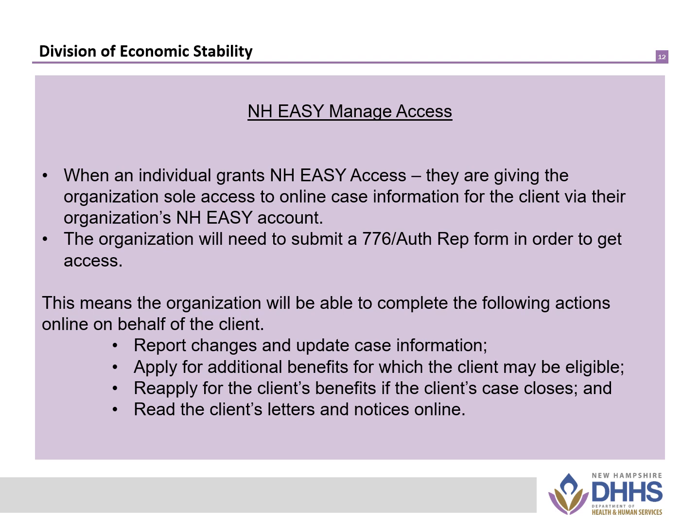This means the organization will be able to complete the following actions on behalf of the client. They will be able to report changes and update information. They will also be able to apply for any additional benefits for which the client might be eligible for. They can also help the client reapply for benefits if the client's case is closed and read the client's letters and notices.